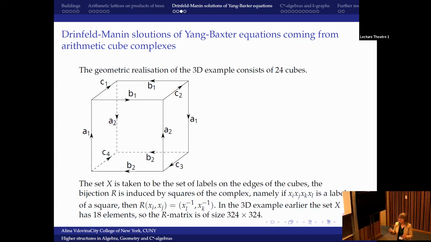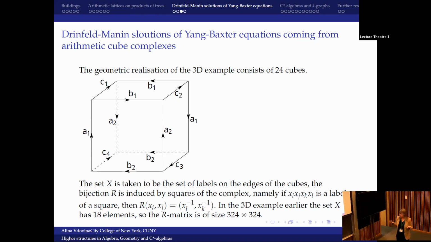You will have in those 24 cubes a lot of faces which match, and you have to glue the matching faces. And then you have higher dimension links and so on, which are flag complexes. But what is nice is that in this series of arithmetic groups which I described, you get all this compatibility on the level of cubes from the quaternion algebras.